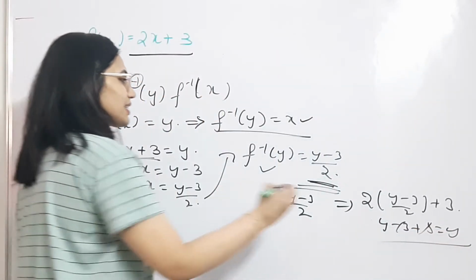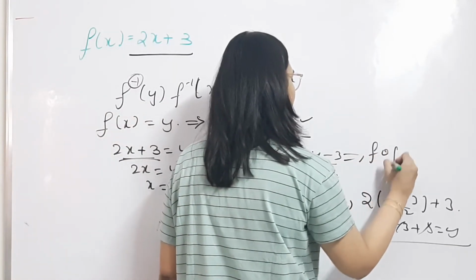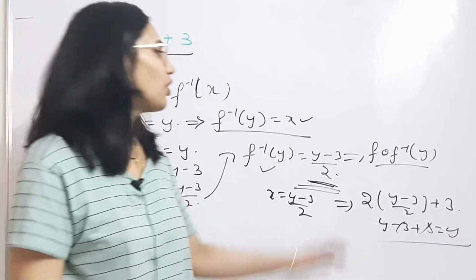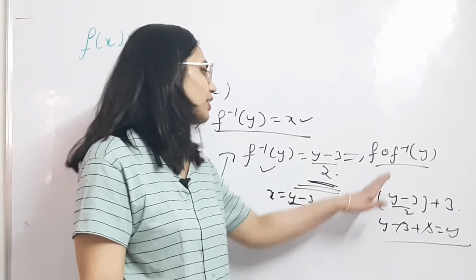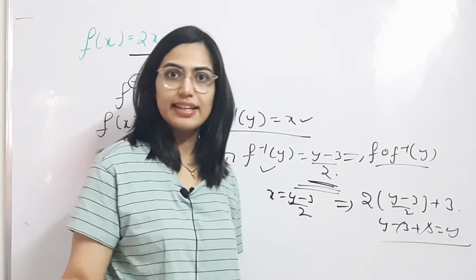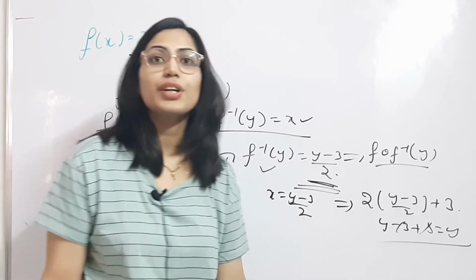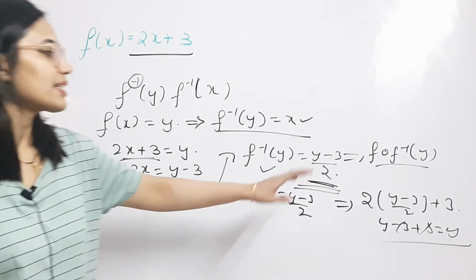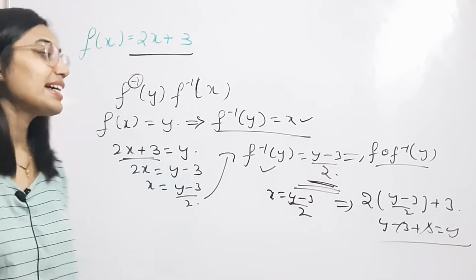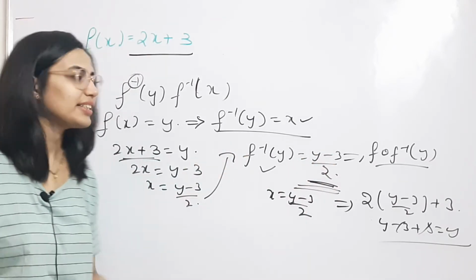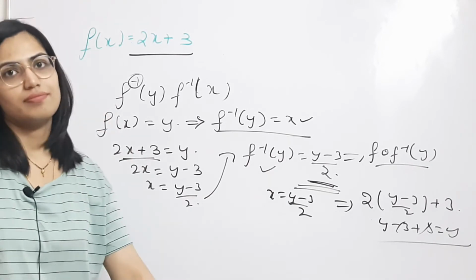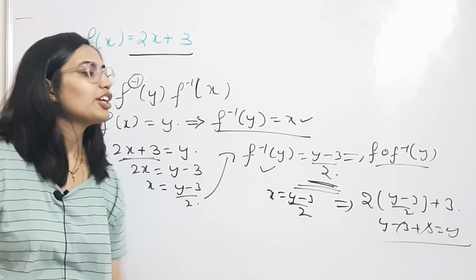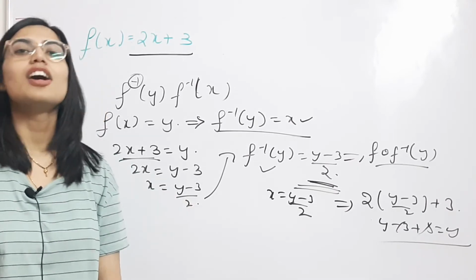So, this is nothing but, you can say f inverse of y. This is a composite function, you will understand in the next video, but this is how you can also show that the inverse of the function is this by substituting the value that you get in the original function. Okay, so this is how you find the inverse of a function.